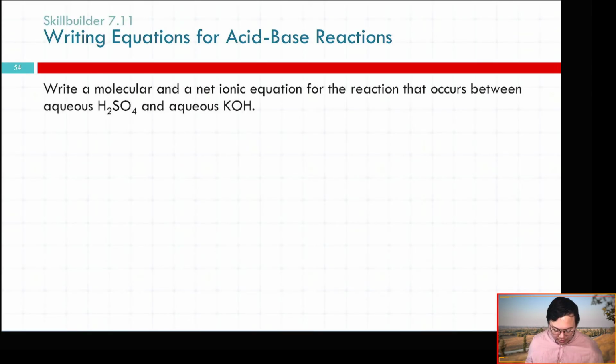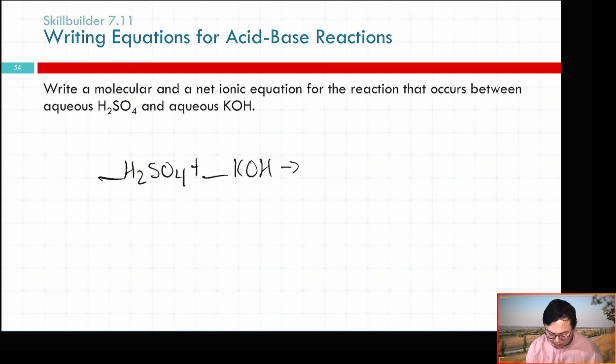So let's look at H2SO4. We want to write a molecular and a net ionic equation here. So H2SO4 plus, and since we're going to be balancing this, potassium hydroxide. We want space for coefficients, so I'm going to move this up.